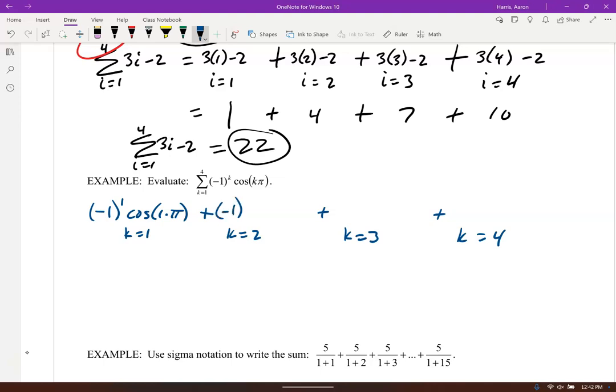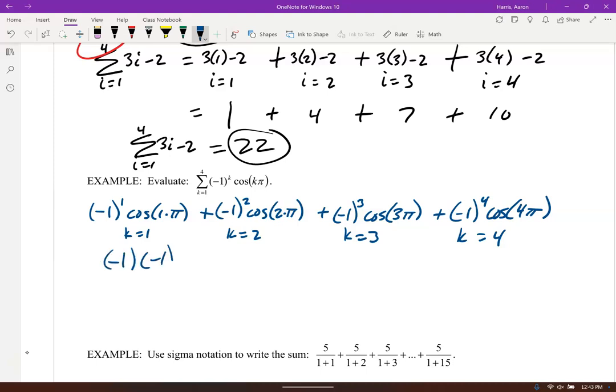So I got negative 1 now is to the 2, cosine k pi, so 2 pi. Negative 1 now is to the 3, cosine of 3 pi. And negative 1 to the 4th, cosine 4 pi. And so we got negative 1 times cosine of pi is negative 1. Negative 1 squared is 1.